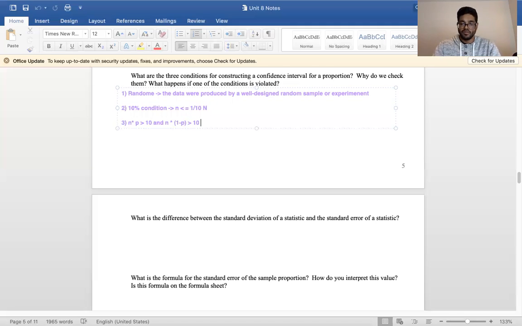So this was your normality check, because we can only use that Z critical value that I found up above if we have a normal distribution. If it's not normal, then we can't really say much about it.